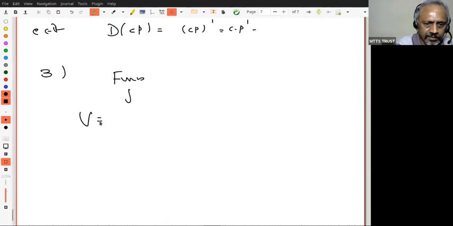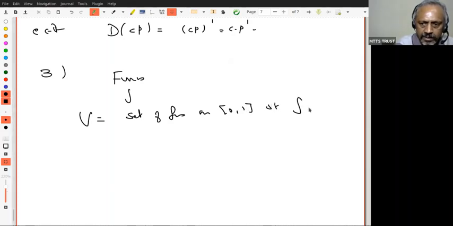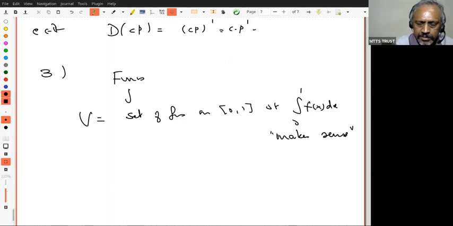So V is the set of functions on the interval 0, 1 so that the integral of f(x) dx makes sense. Assume it's continuous, and pretend that for a continuous function the integral from 0 to 1 of f(x) dx makes sense. This is just to say how things occur.